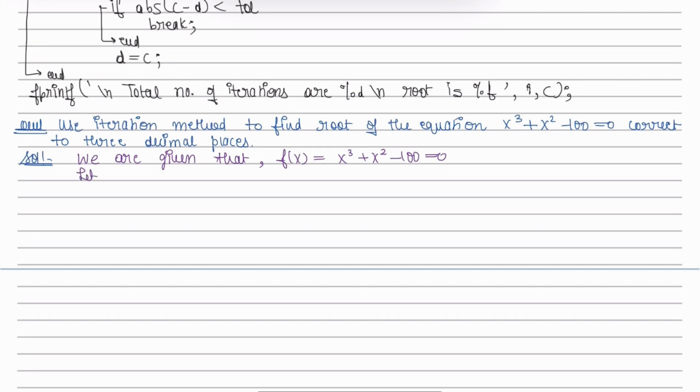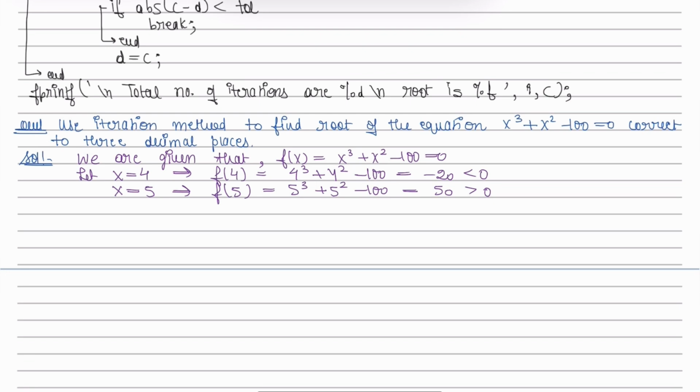Let x equal 4, which implies the function value at 4 is 4 cube plus 4 square minus 100 equals minus 20, which is negative, and for x equal to 5 the function value at 5 is 5 cube plus 5 square minus 100, which is equal to 50 and is positive.